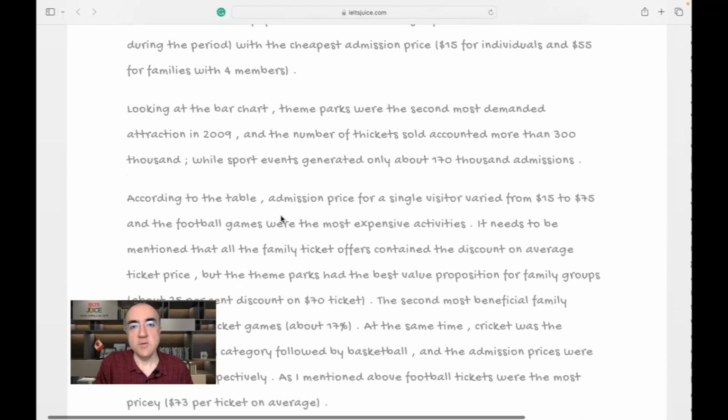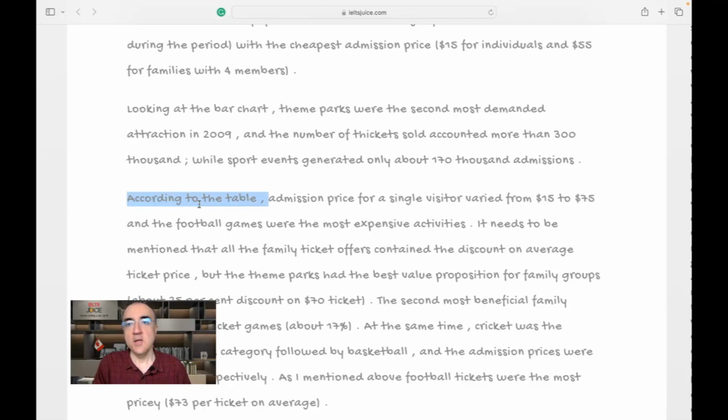According to the table, admission price for a single visitor varied from $15 to $75, and the football games were the most expensive activities. I like that topic sentence. So this is the first sentence of your paragraph. The use of the comma and also this connector, or discourse marker, is correct.